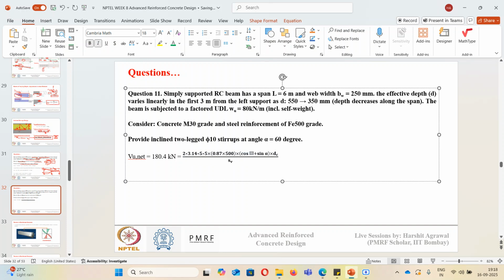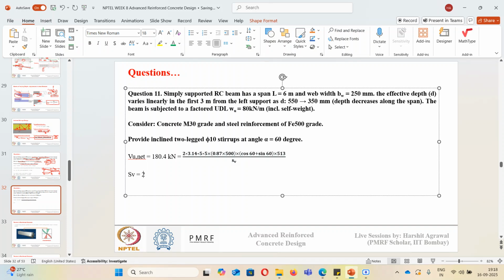Cos alpha and sin alpha, we know cos 60 and sin 60 values, we can calculate. d is the effective depth, which is 513 at the section we have calculated. So we can estimate the Sv value simply by solving this equation.